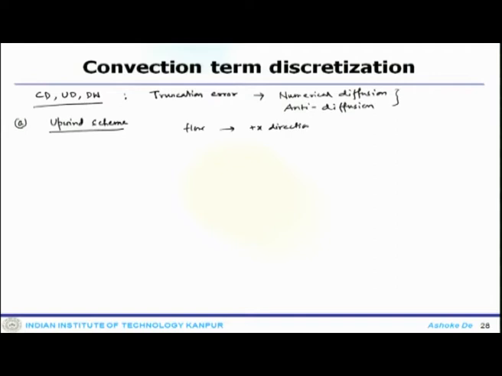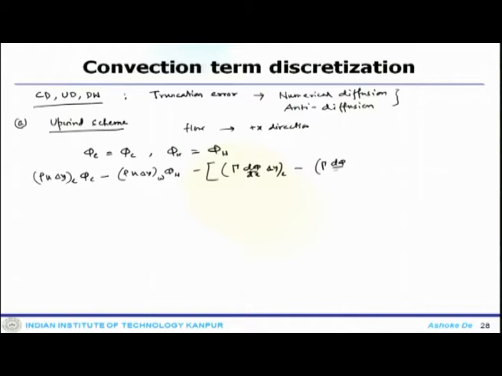This results in phi E equals phi C at the east face and phi W equals phi W. Now, the convection diffusion equation system which was discretized is rho u delta y at E phi C minus rho u delta y at W phi W minus gamma d phi by dx delta y at the east face minus gamma d phi by dx delta y at W equals 0.